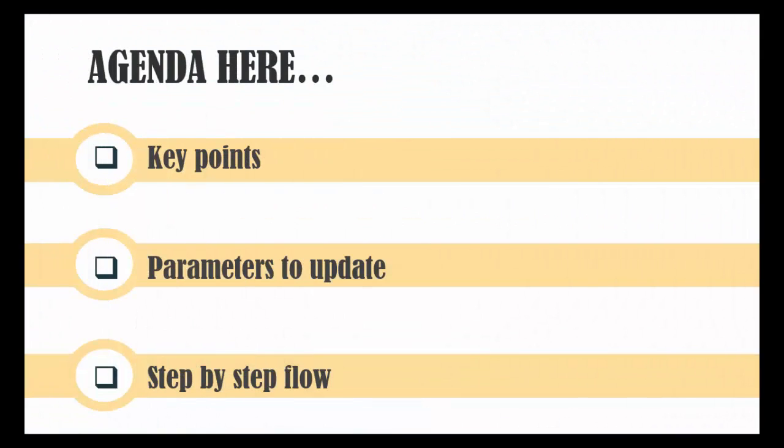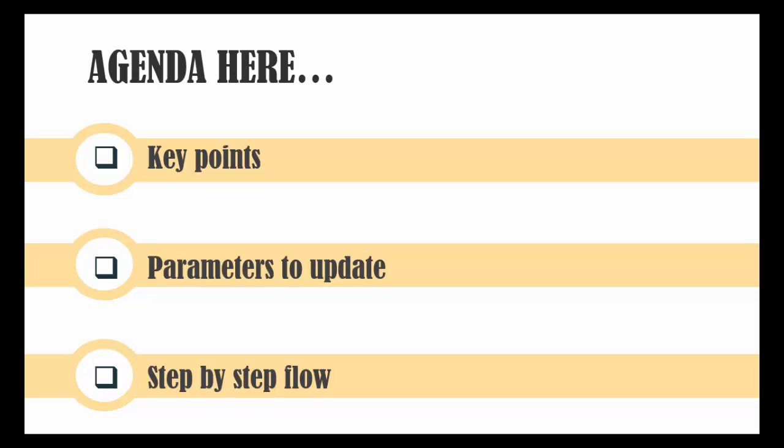So let us start with our agenda here. The key points I'll be discussing are the primary points we'll consider during RC design, which is an integrated tool, and then the typical parameters: reinforcement parameters, material property parameters, and other key parameters that you need to consider.